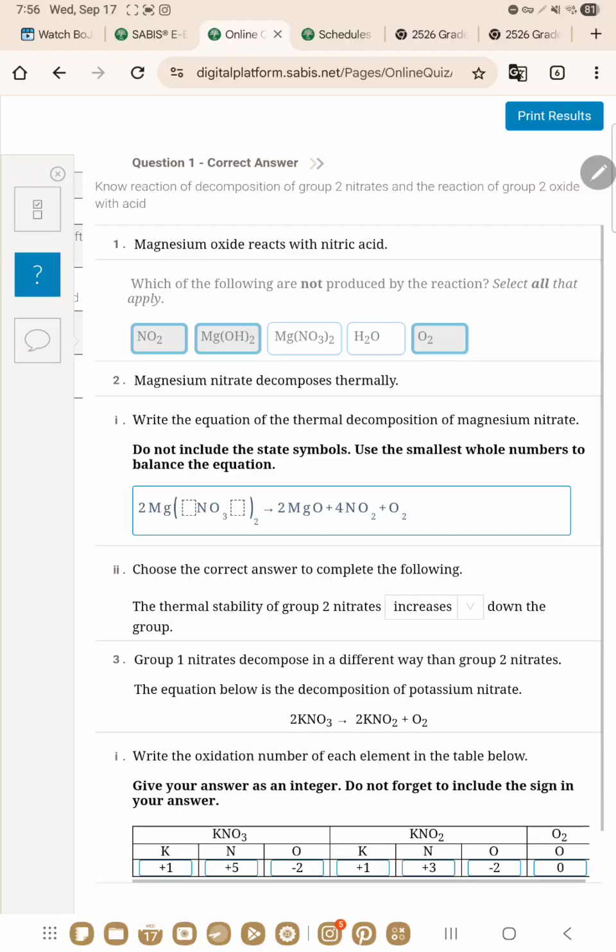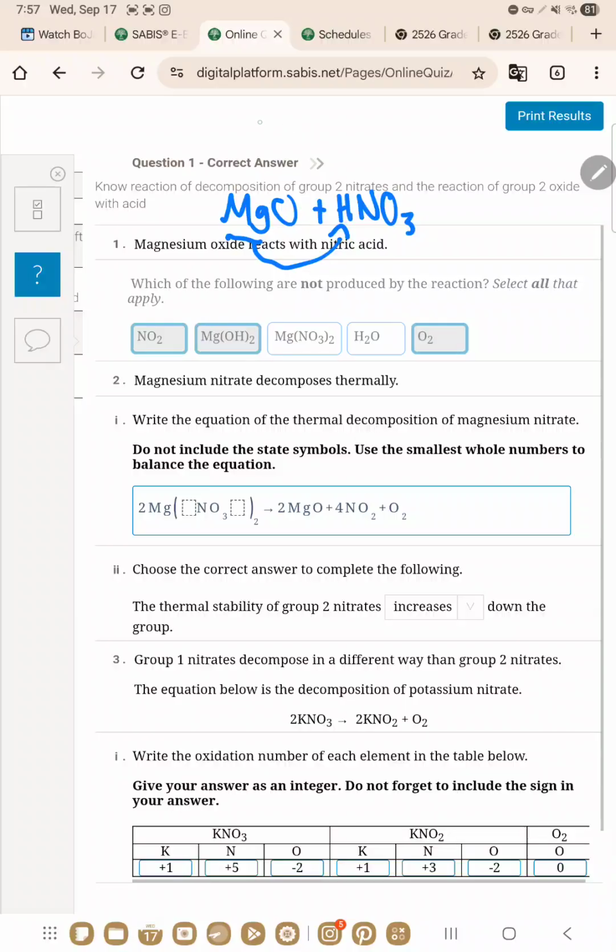Now, which of the following are not produced by this reaction, which is magnesium oxide reacting with nitric acid? Now, magnesium oxide is MgO plus nitric acid, which is HNO3. Which of the following will not be produced? Now, we know that Mg and NO3 will combine.